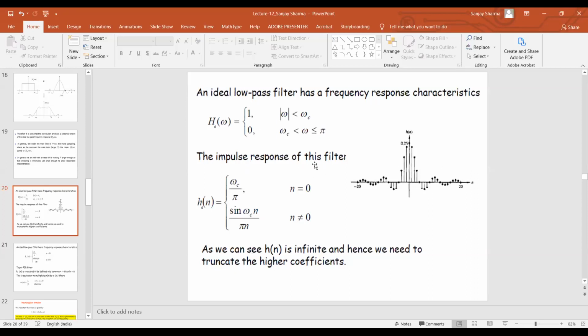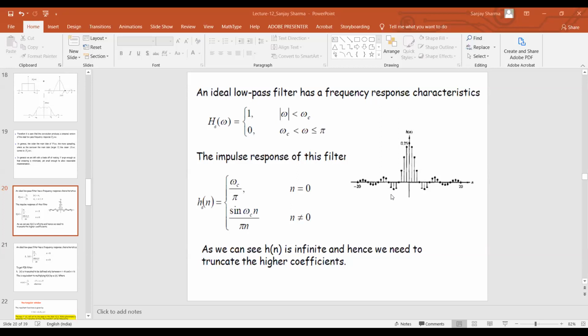This is one example. The procedure of designing the FIR filters will involve that you take any IIR filter. Here I am taking a low pass filter and calculating its impulse response. I found out that the impulse response is infinite, right? But for that matter, you take any system which has got infinite impulse response.